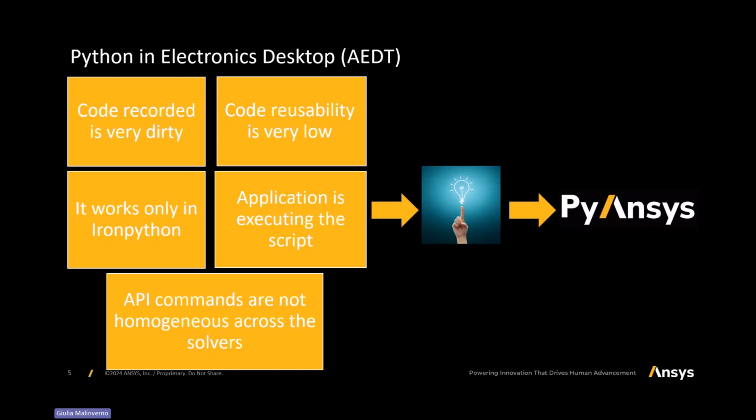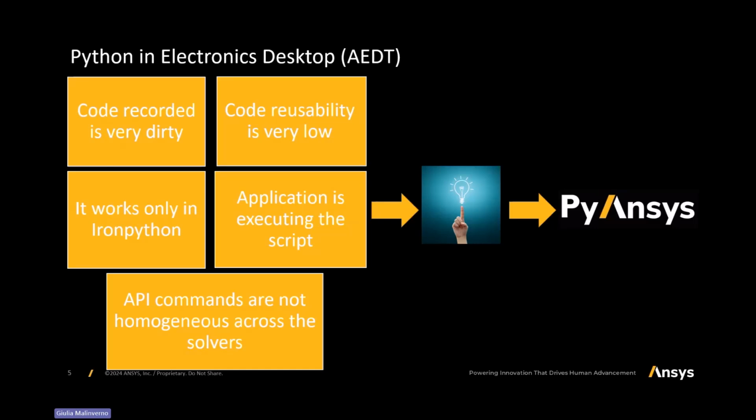The fact that it's implemented in CPython makes debugging and development much easier and improved, because we can leverage popular IDEs, the so-called integrated development environments, like PyCharm, Spyder, Visual Studio, and many others.